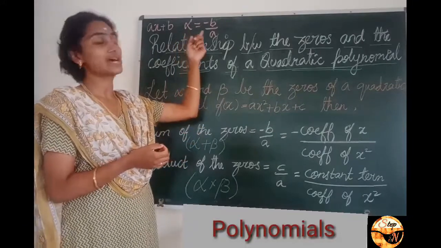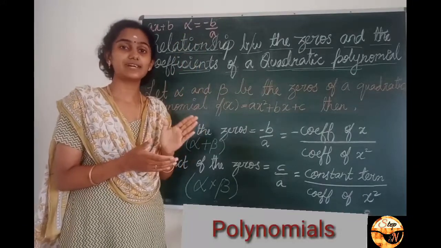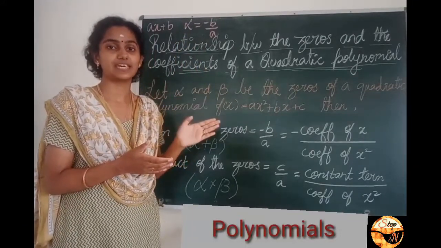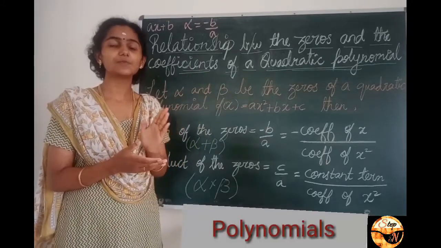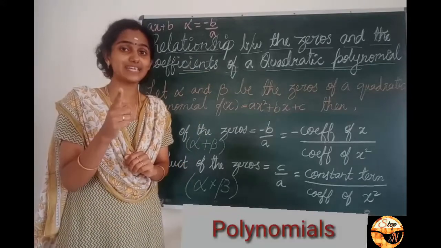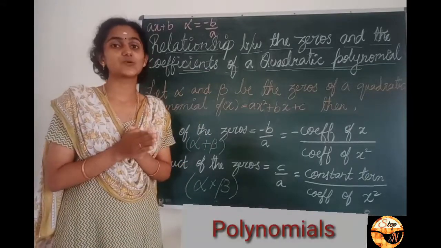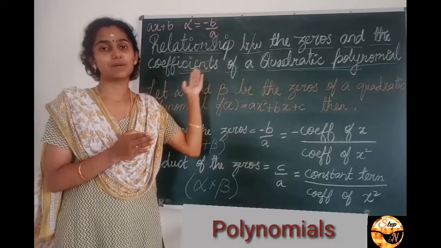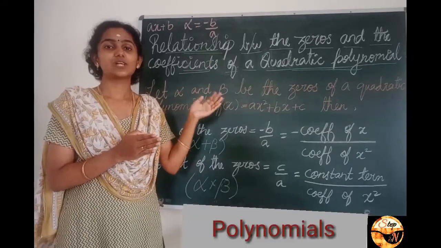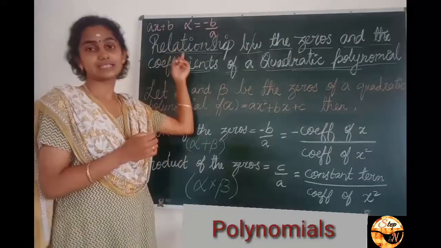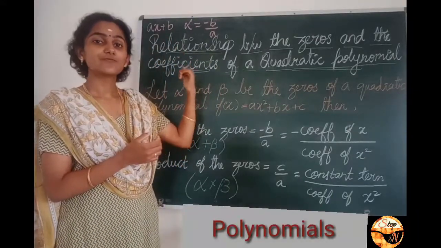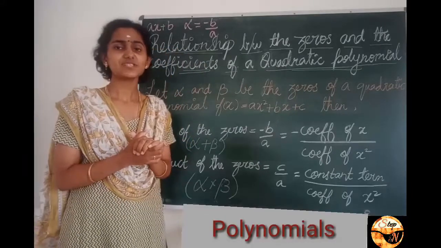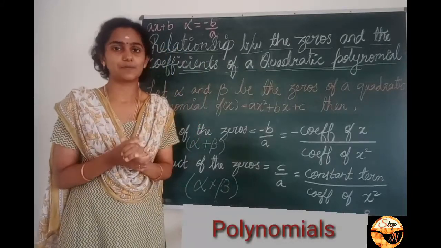A linear polynomial has only one zero, denoted by alpha, which is equal to minus b by a, the minus constant term by the coefficient of x. I think you all are clear about that.